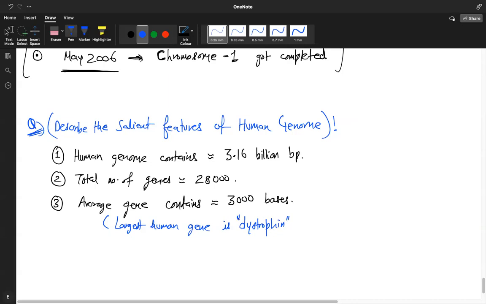So this gene, recently, like not recently, but it was found that this is so long a gene. You know the speed of DNA replication for the DNA polymerase, the speed was around 2,000 bases, right? Per second.